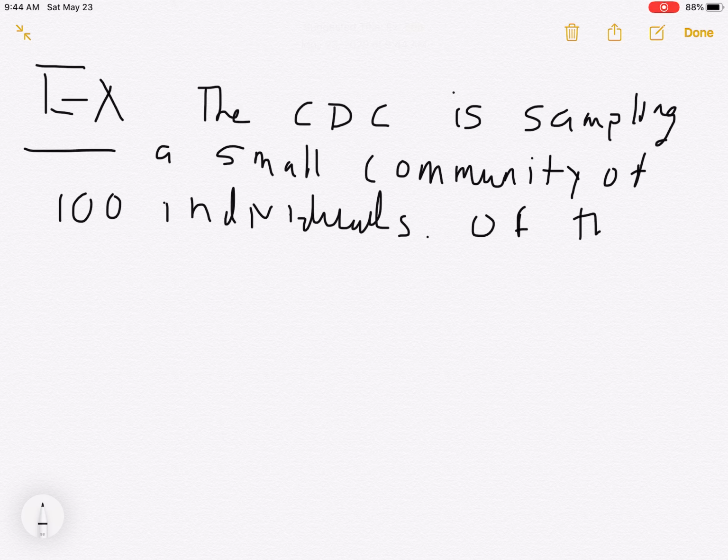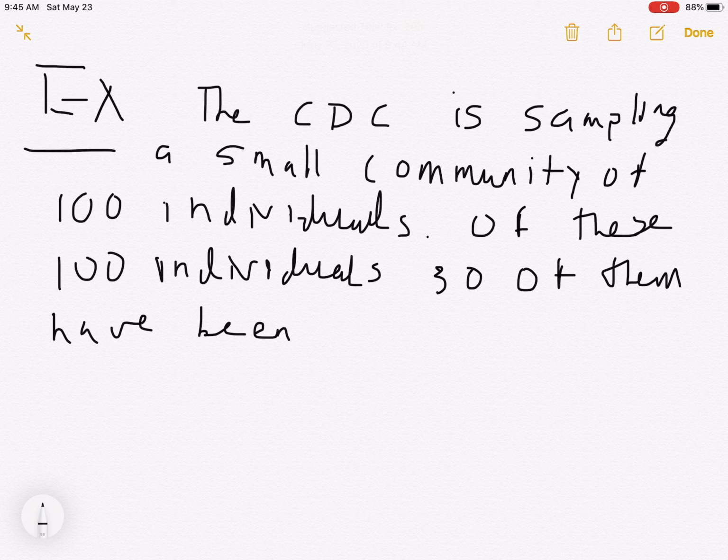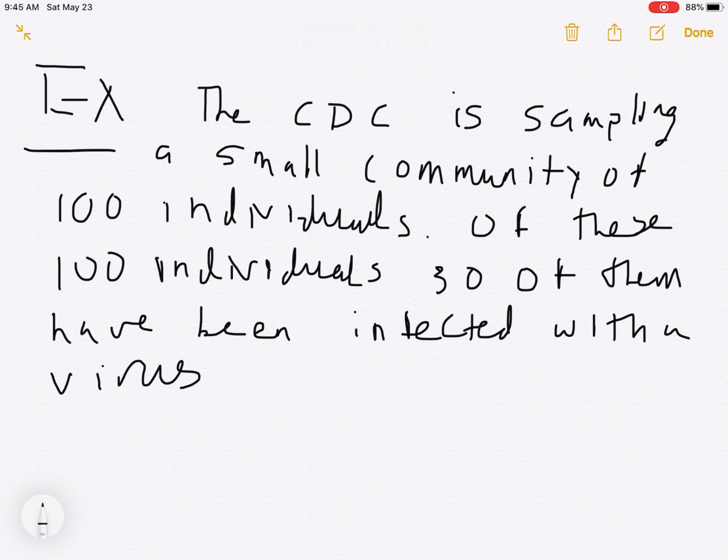Of these 100 individuals, 30 of them have been infected with a virus. Okay?